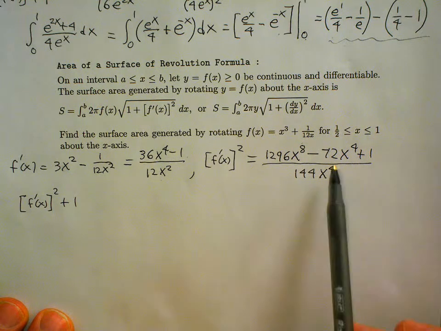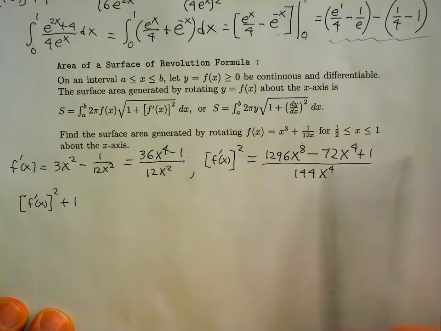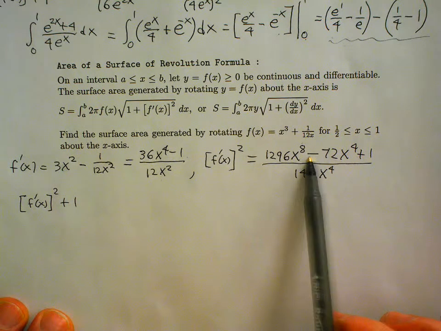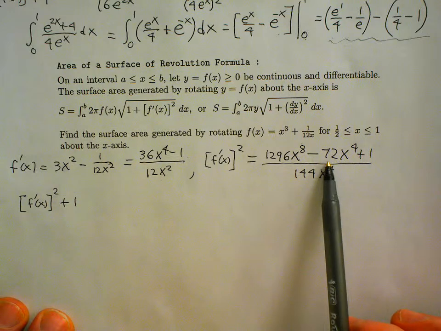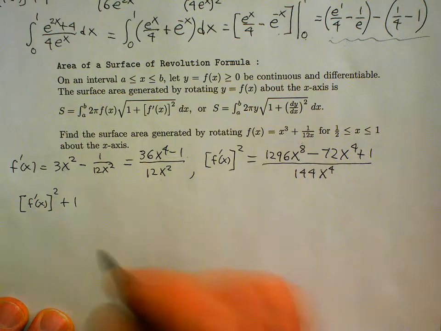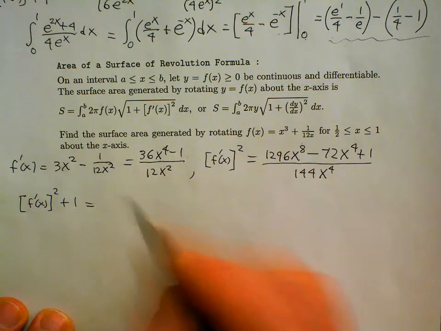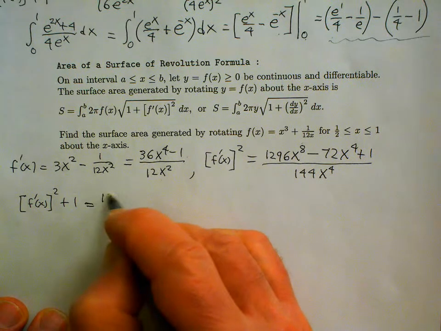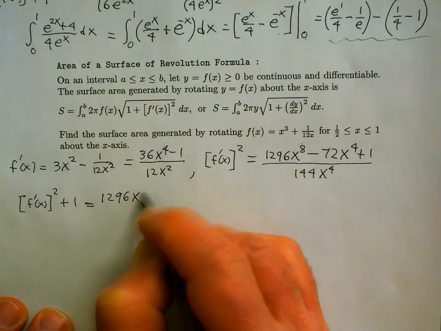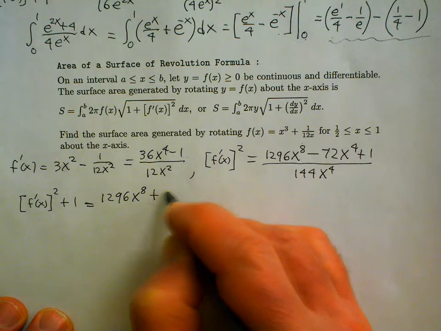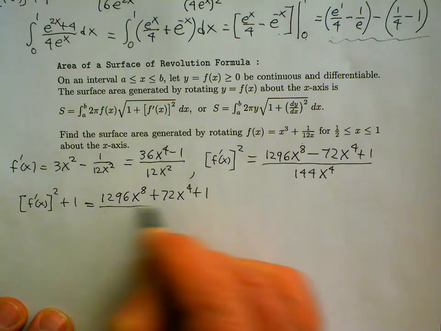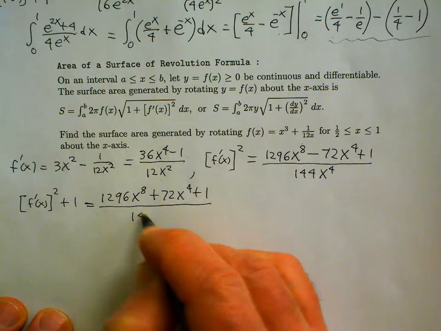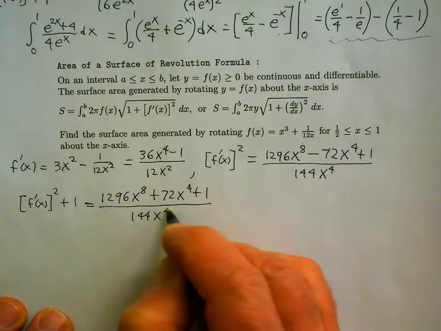And then when we add 144x to the fourth to minus 72x to the fourth, we'll end up with plus 72x to the fourth in the numerator. So we'll just write that 1296x to the eighth plus 72x to the fourth plus 1 all over 144x to the fourth.